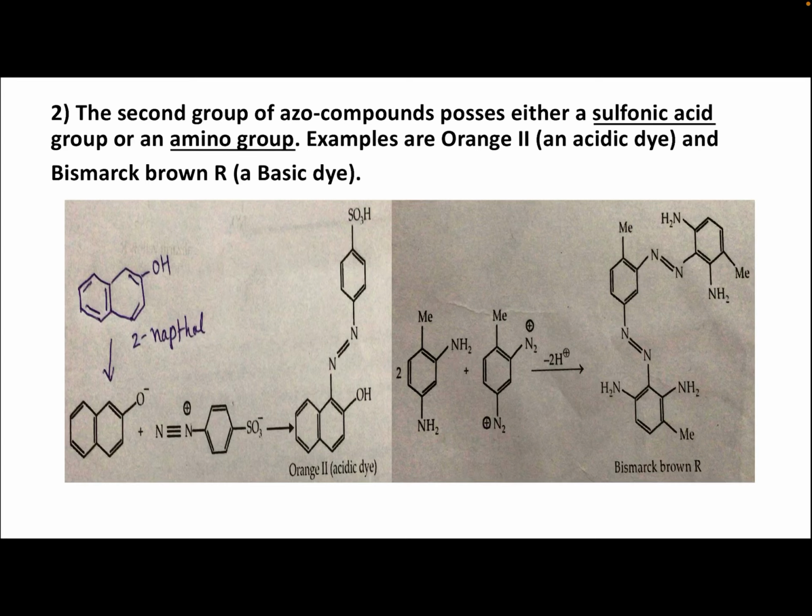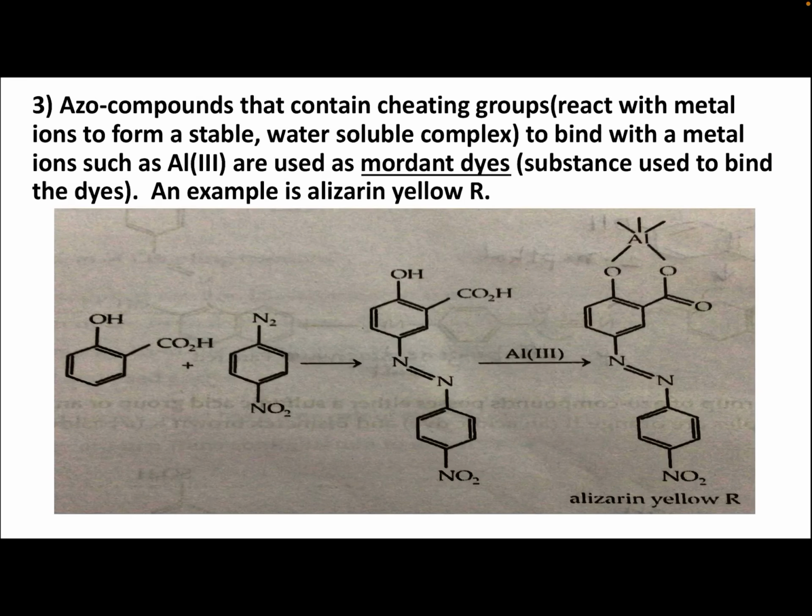Examples are orange II, an acidic dye, and Bismarck brown, a basic dye. Here also 2-naphthol is there and a coupling reaction takes place, and you get the acidic dye orange II. This is its structure. Next, Bismarck brown is formed by this type of reaction. This is also a dye.